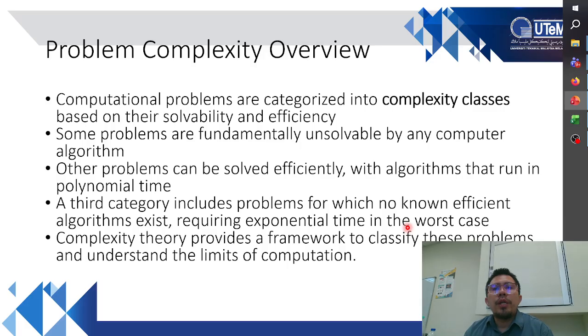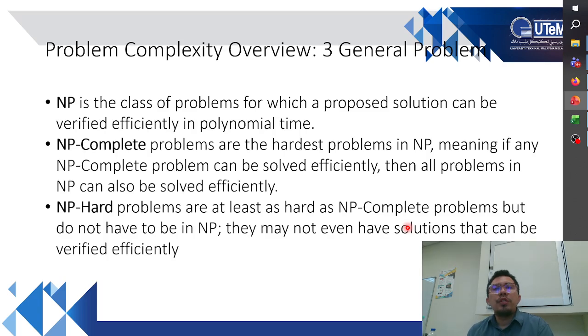Complexity theory provides a way to classify these problems and understand the limits of computation. Basically, there are three classes of complexity computation that we will learn today: NP, NP complete, and NP hard.